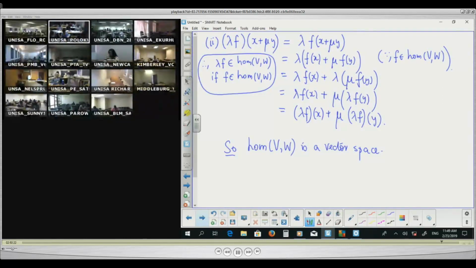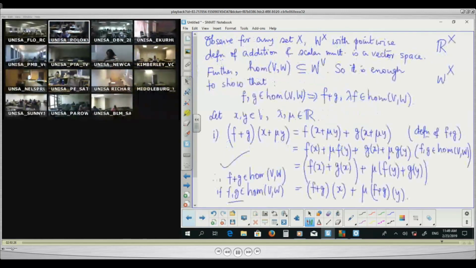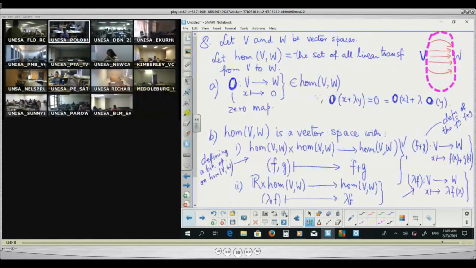But how did we prove that it's a linear transformation before we proved that V and W are vector spaces? Well, I started off with V and W being vector spaces. Oh, okay. I'm sorry, I just figured it out. Okay? Yes, sir. All right.